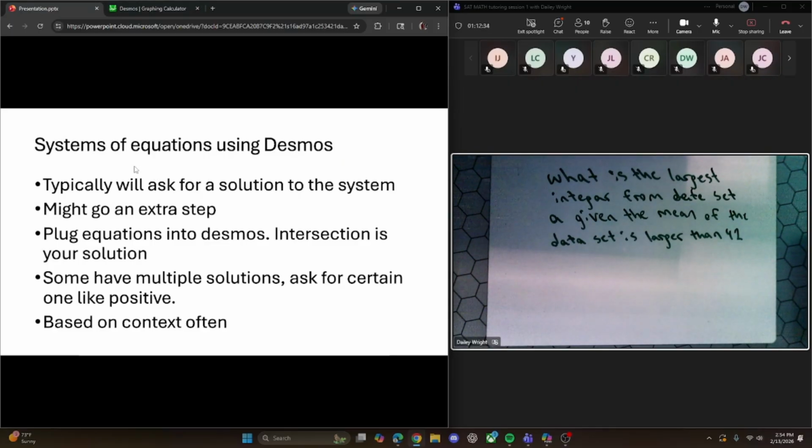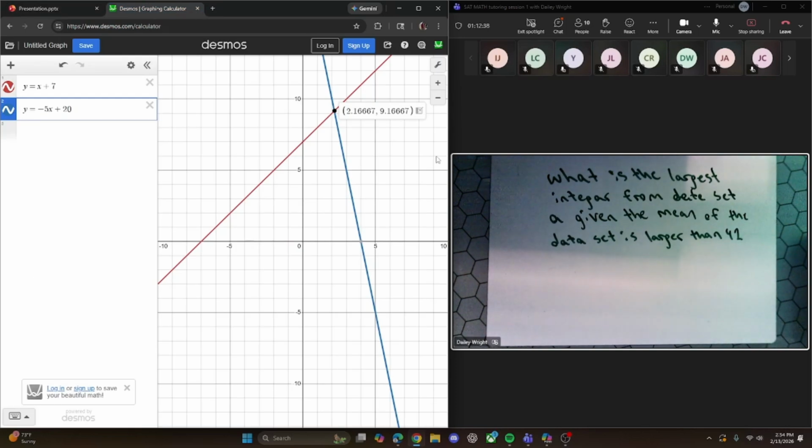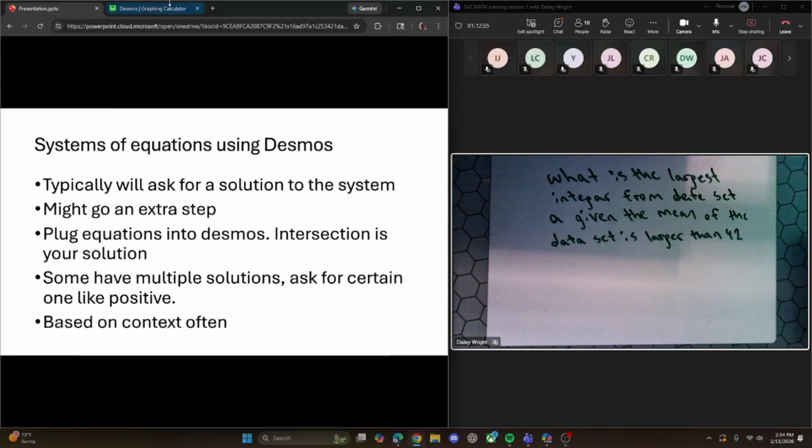These type of problems will typically ask for a solution to the system of equations. So you would plug in the 2 equations, and then you would find where they cross, and that would be your solution. They're usually going to ask for the x value. So if they don't specify, assume it's saying x value always.